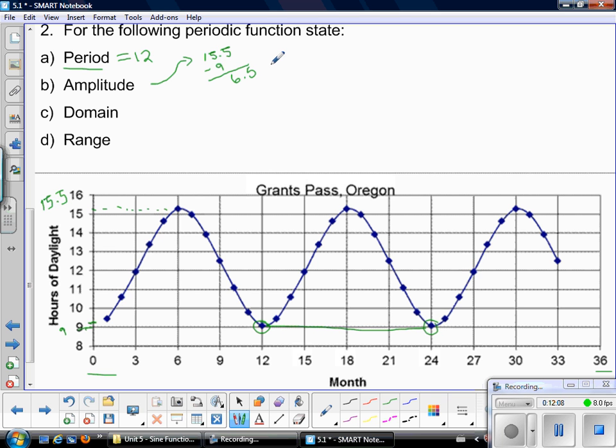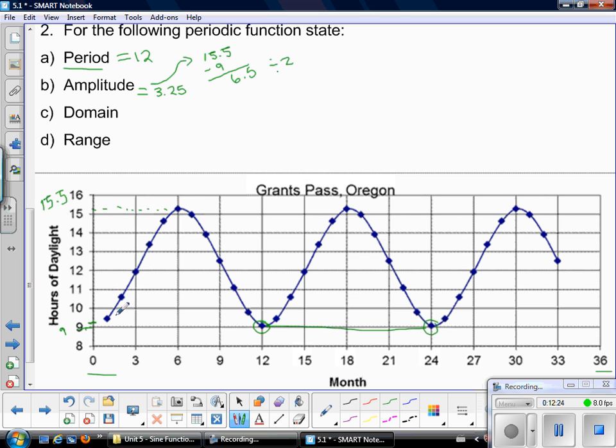Dividing by 2, we end up with the amplitude equaling 3.25. So it's the vertical distance, half of it.